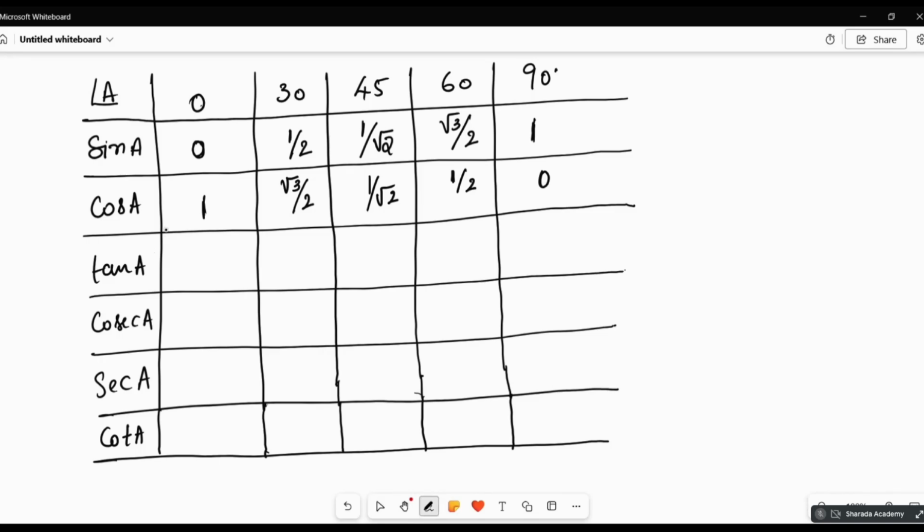Tan 0 is 0. Tan 30 degree, it is 1 by root 3. Tan 45 is 1. Tan 60 is root 3. Tan 90 is not defined.